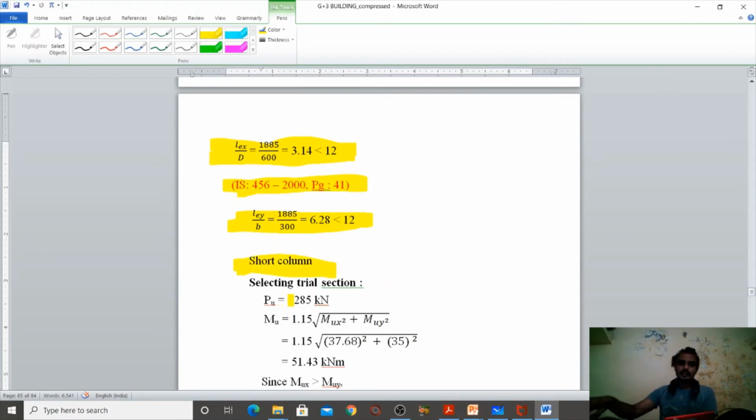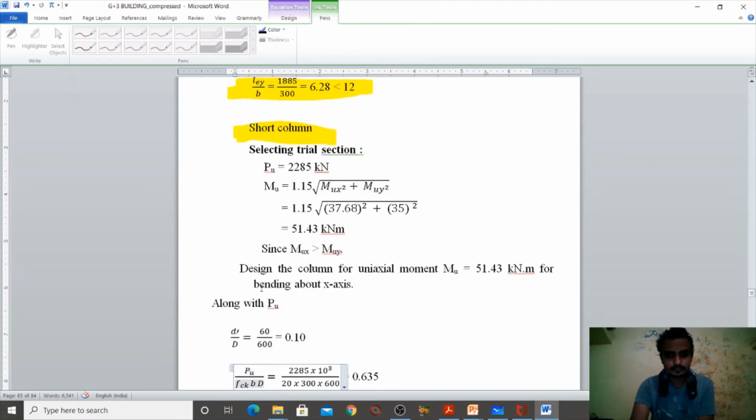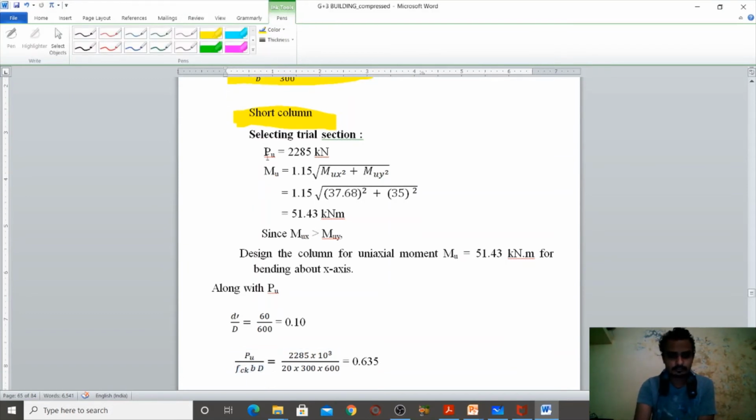Now we have to find the trial section. So total load is 2285 kilonewton. Mu equals 1.15 times the square root of MUX squared plus MUY squared. So Mu value is 51.43. Design the column for uniaxial moment Mu for bending about the X axis.